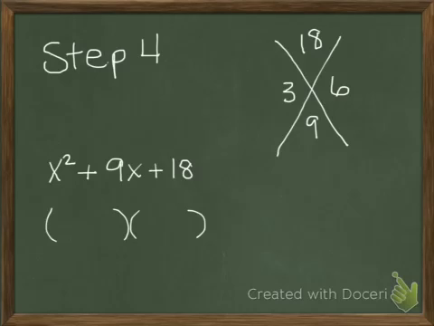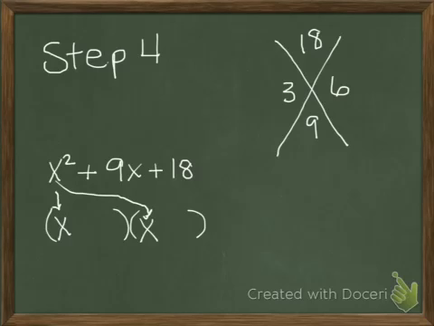We look at the first term of our trinomial, x squared, and we know that x times x gives us x squared. When we don't have a leading coefficient, that should always be the first term in both of your parentheses.